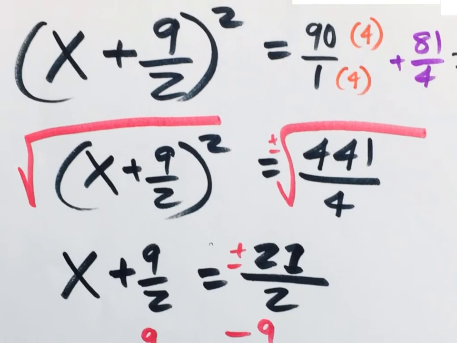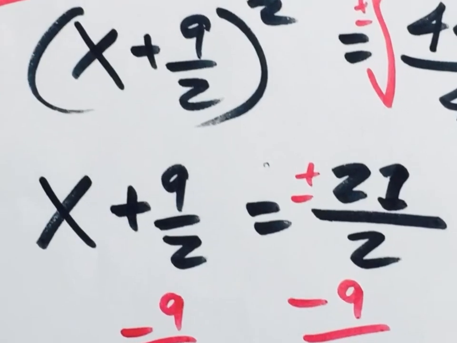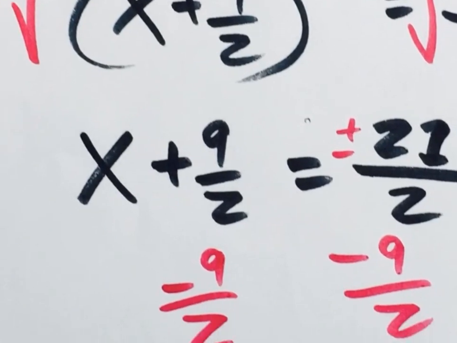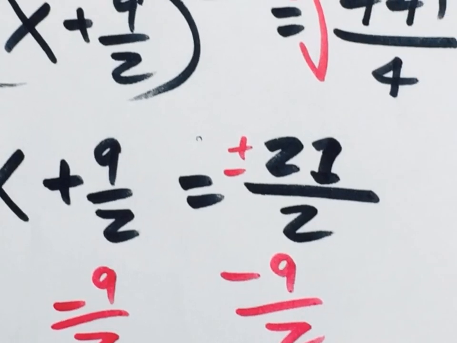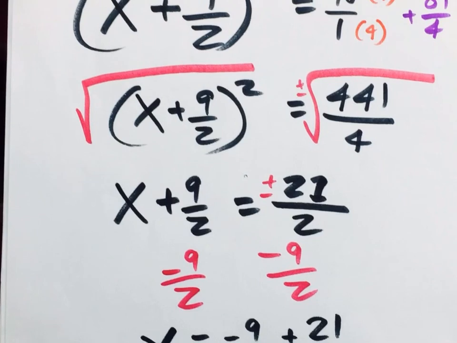To simplify, what we're going to need to do now is take the square root of both sides. And when we take the square root of both sides, that's going to simplify to x plus 9 halves equals what? 21 over 2, because 441 is a perfect square. And 21 times 21 gives us 441. And so plus or minus 21 halves.